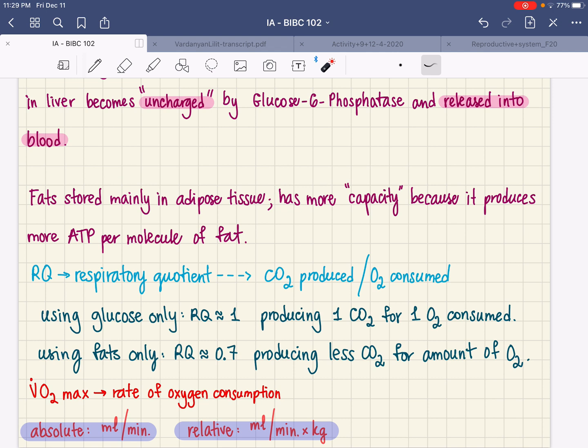And even if it goes through a Krebs cycle and oxidative phosphorylation, I believe we will make 38 ATP, or 35 to 38, something like that. But if we take a molecule of fat, which on average could be around, I don't know, 9 to 14 carbons, or however many carbons, we just produce way more ATP by breaking down 1 molecule of fat. So it has more capacity than glucose.